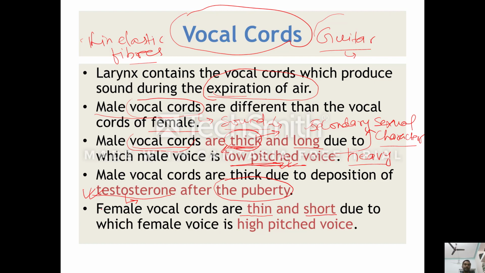Whereas female vocal cords are thin, so there is a higher frequency of vibration, hence the female voice is high pitched. This is the difference between male and female vocal cords, and they produce sound especially during expiration, whenever a sufficient amount of pressure is generated.